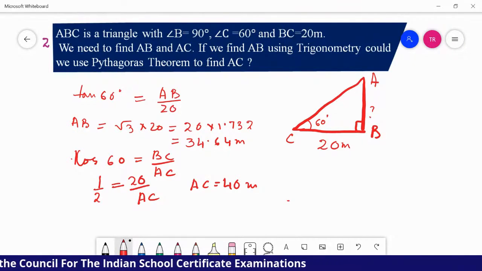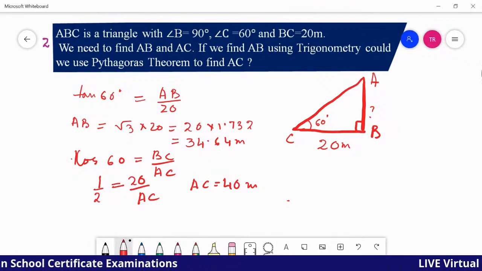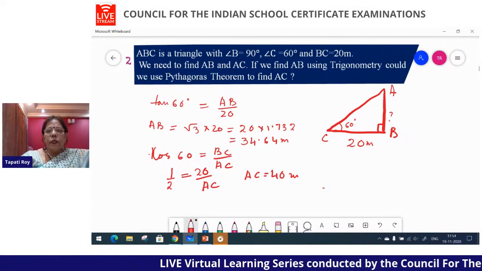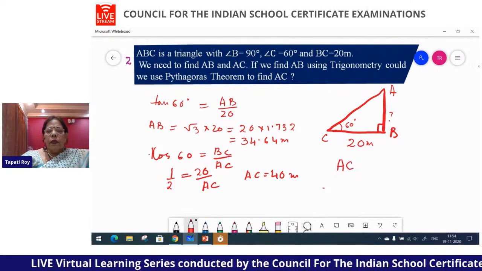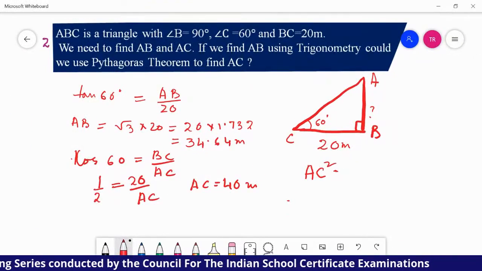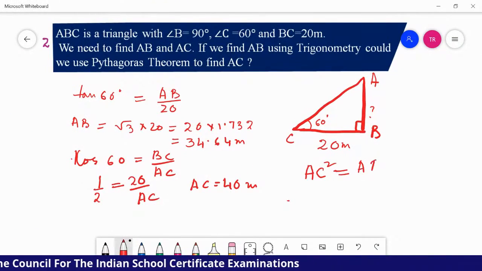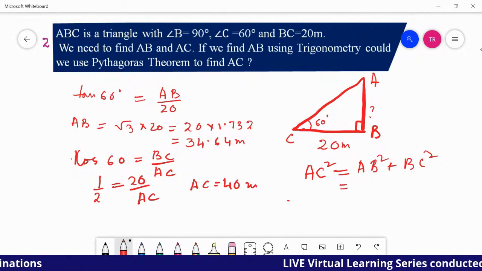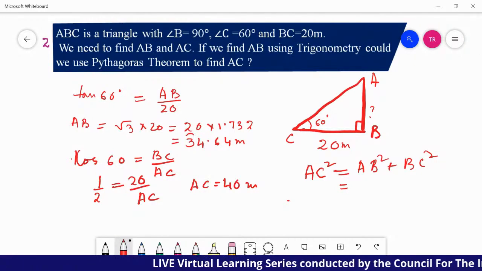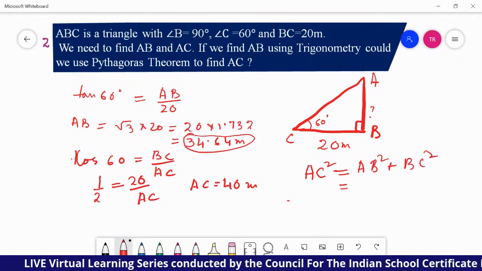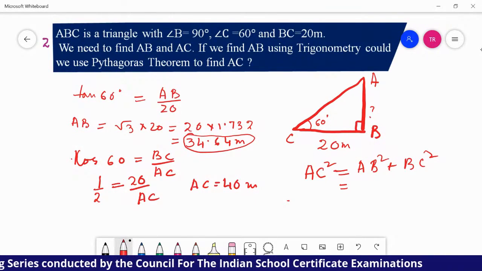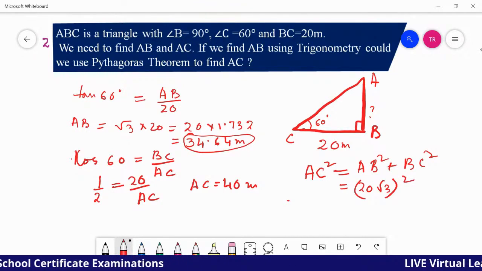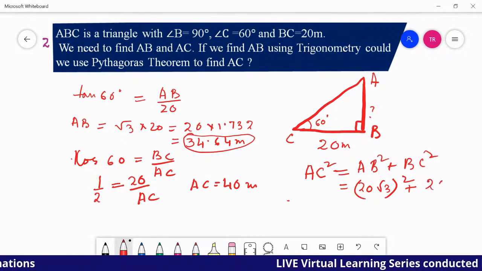Now your question is, can I use Pythagoras theorem? Yes, mathematically you are not going wrong. We want to find AC. AC square is equal to AB square plus BC square. If you are using this, remember not to use your decimal answer, or you'll have a huge working to do. So we use 20 root 3 whole square plus BC square, that is 20 square.